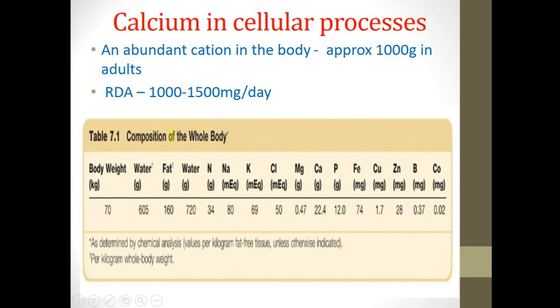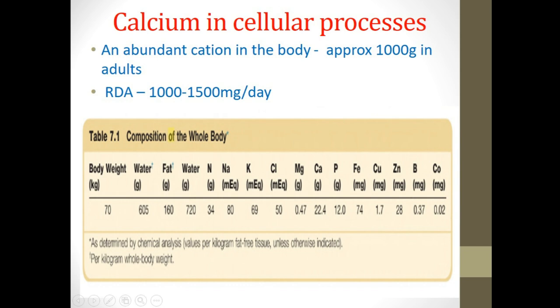So, calcium ion in cellular processes. When you take any cellular mechanism, you see that calcium plays a very important role. The calcium ion, Ca2+, a divalent cation, is distributed everywhere inside our body in all the cells.